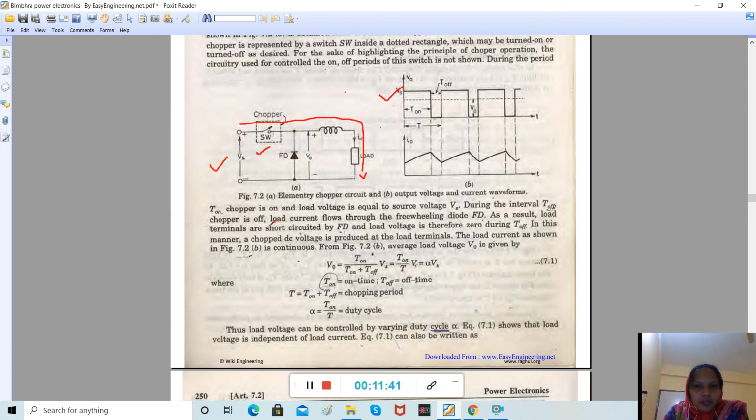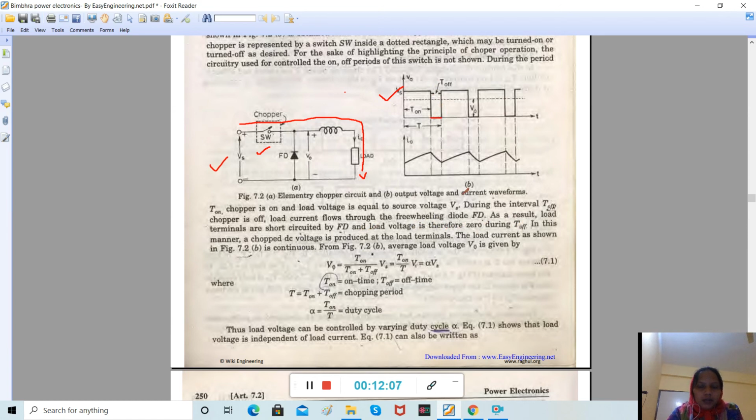So during the interval T off, the chopper is off and load current flows through the freewheeling diode. As a result, load terminals are short circuited by the freewheeling diode and load voltage is therefore zero during T off. Here is zero voltage. In this manner, chopped DC voltage is produced at the load terminal.